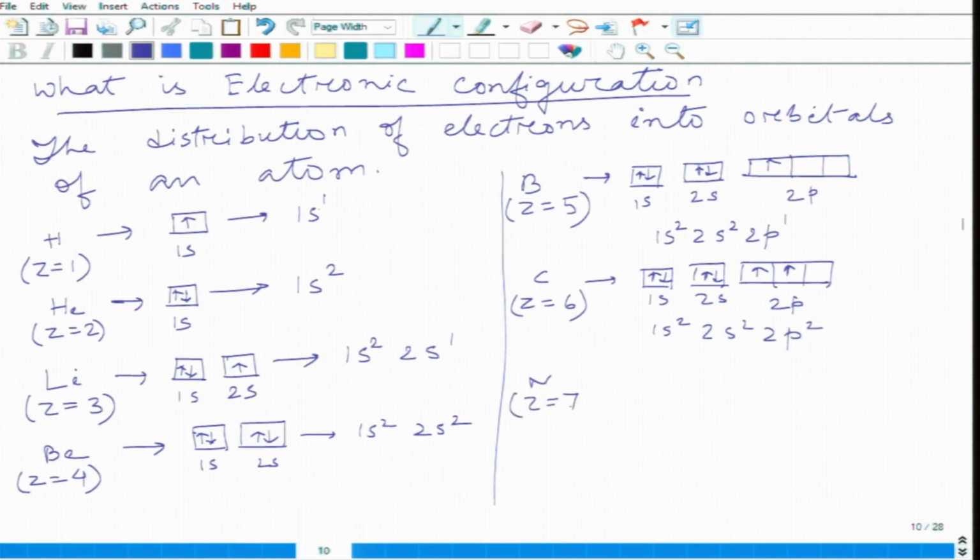Similarly, for nitrogen, we will have 1s2, 2s2 and 2p3. This is the half filled configuration of the p orbital.